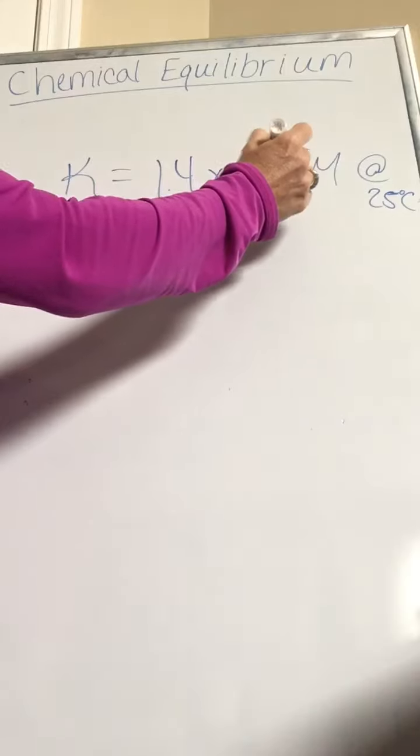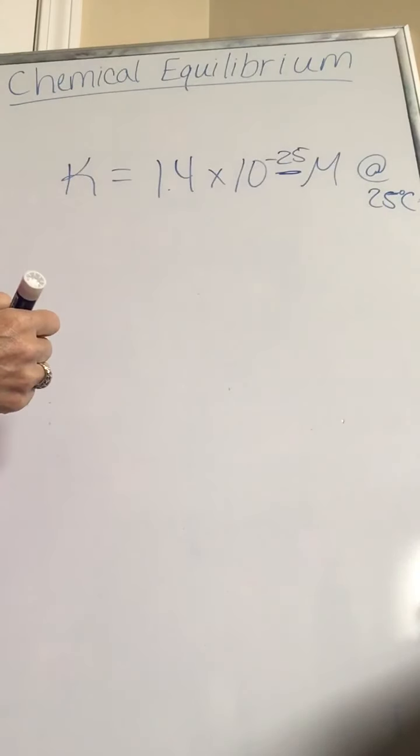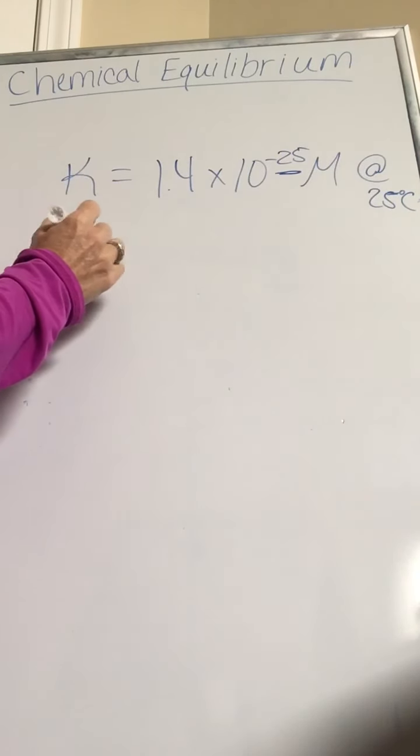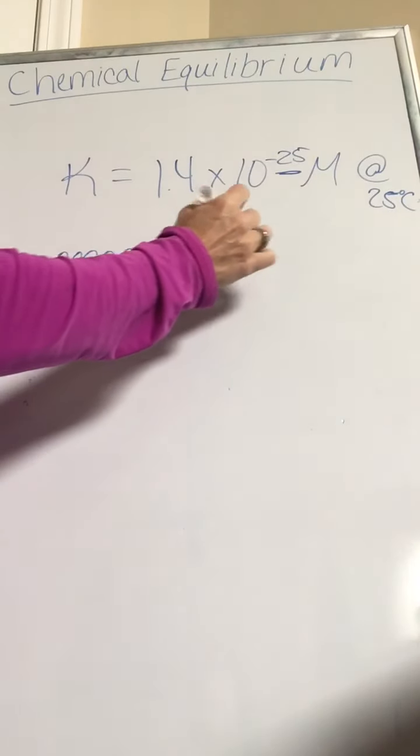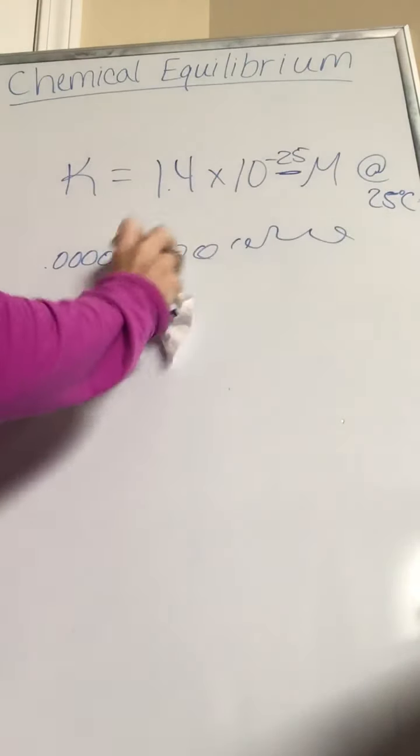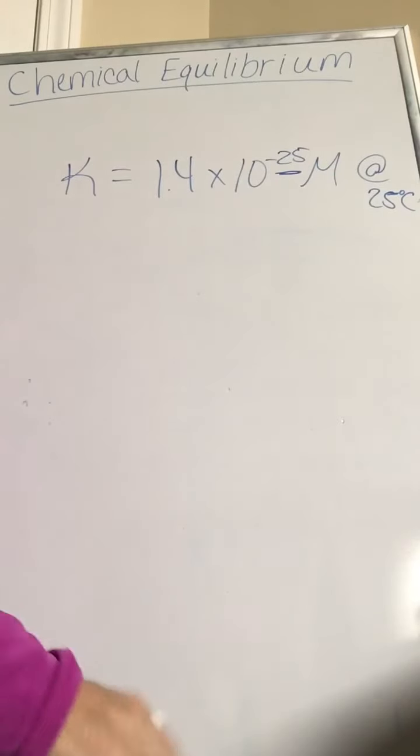If we have 10 to the minus 25th, then there are 25 little zeros before we get to our numbers. I'm not going to write 25 zeros. So what that tells us is K is pretty small here.